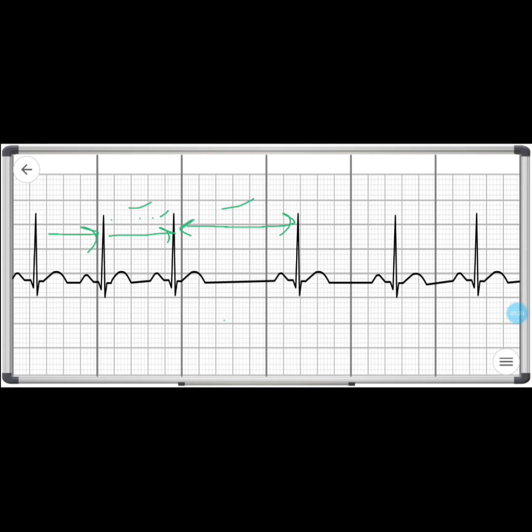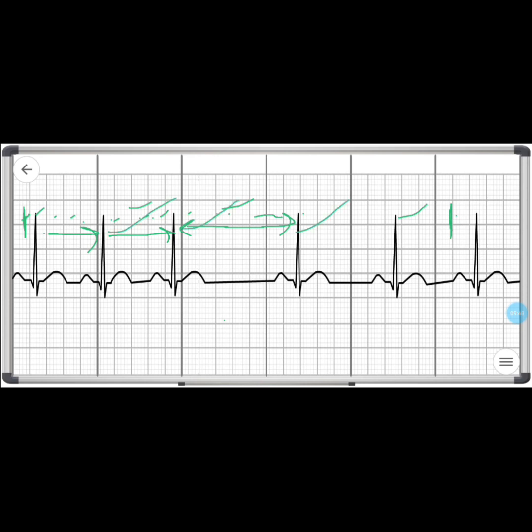So what you need to do is count 30 large boxes starting from anywhere. Say, for example, we start from here, 1, 2, 3, 4, consecutive 30 boxes, up to here it's 30. Mark that, and now count the number of R's in those 30 large boxes.